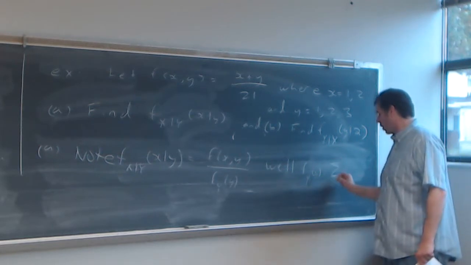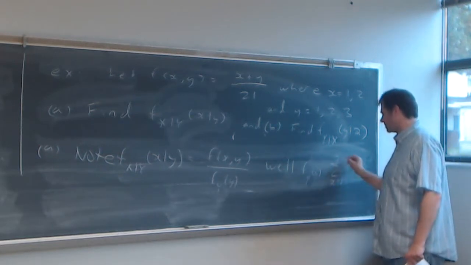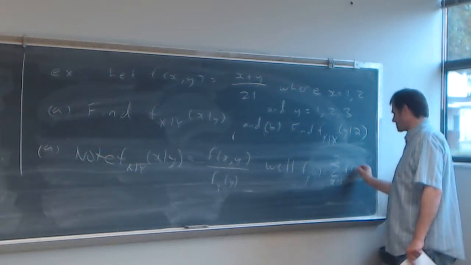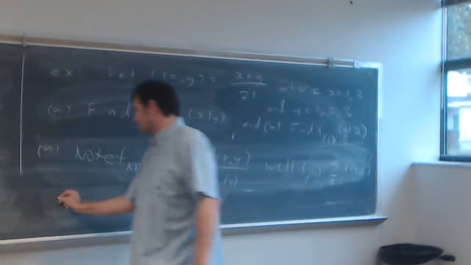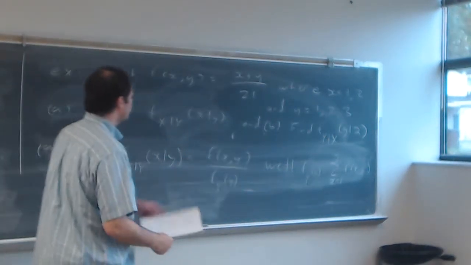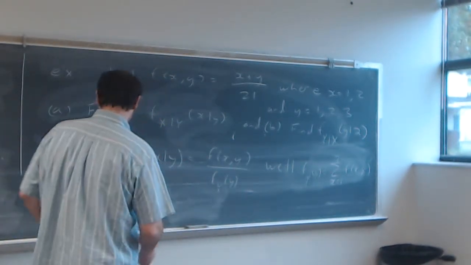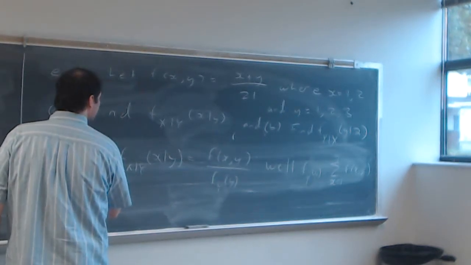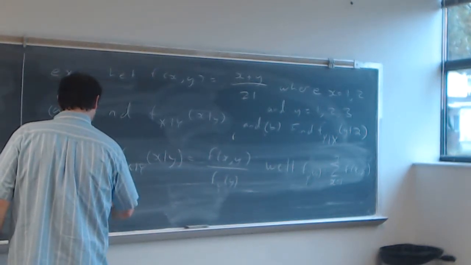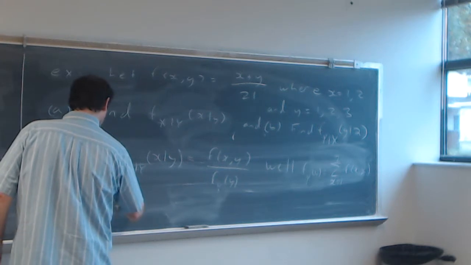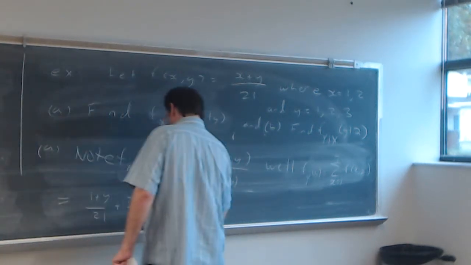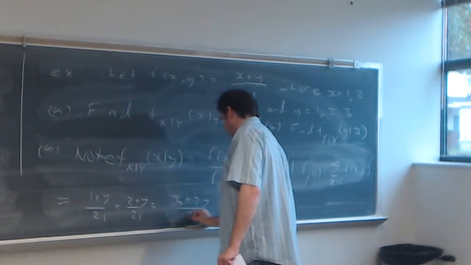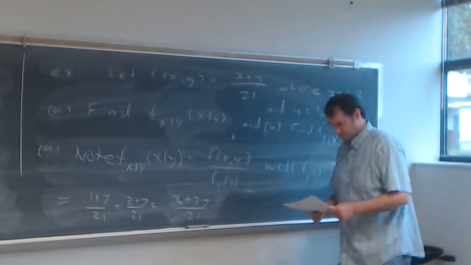You sum over all values of x, from 1 to 2, of f of x comma y. So that would be equal to, when x is 1, 1 plus y over 21, plus, when x is 2, 2 plus y over 21, and it ends up being 3 plus 2y over 21. So that's the bottom.